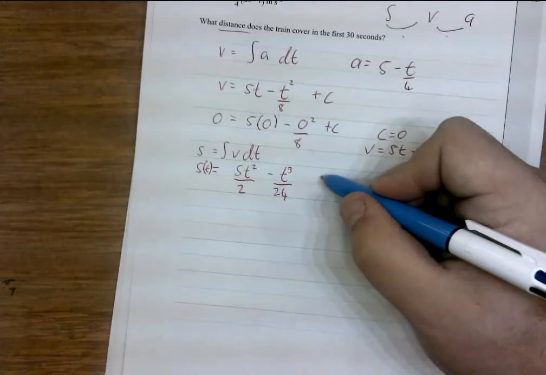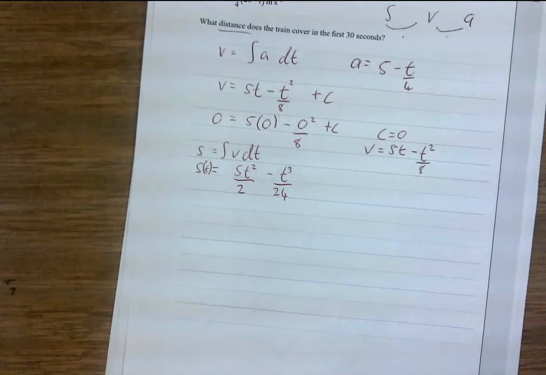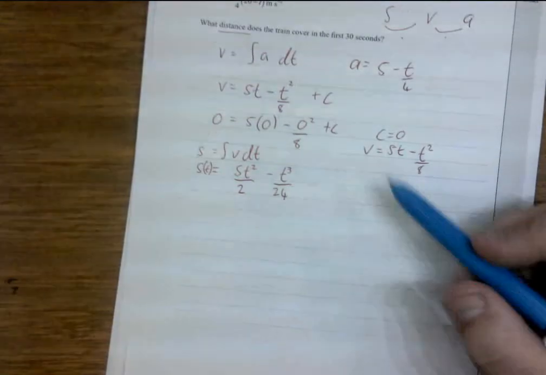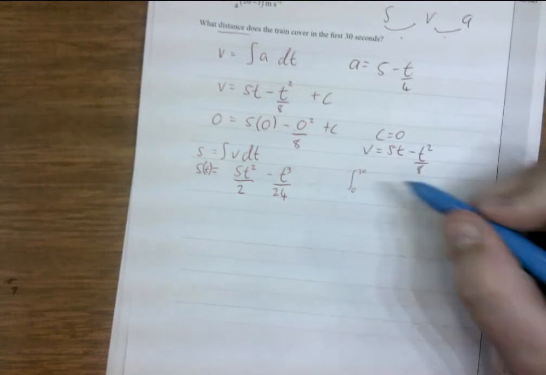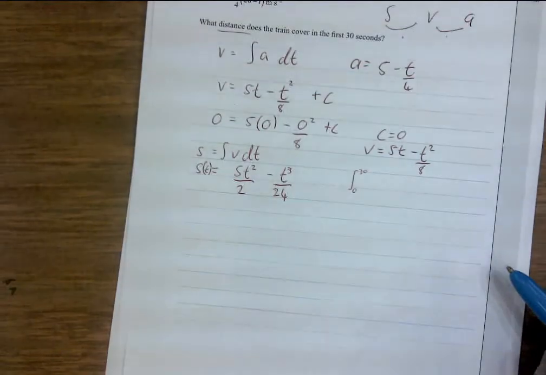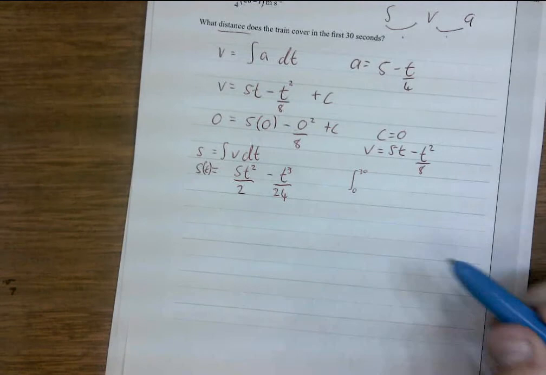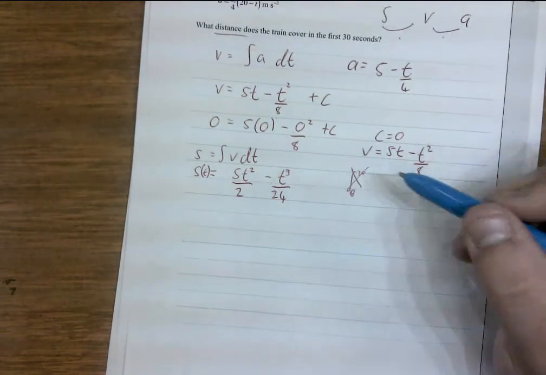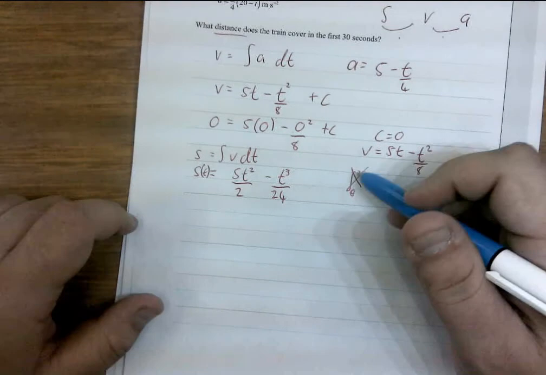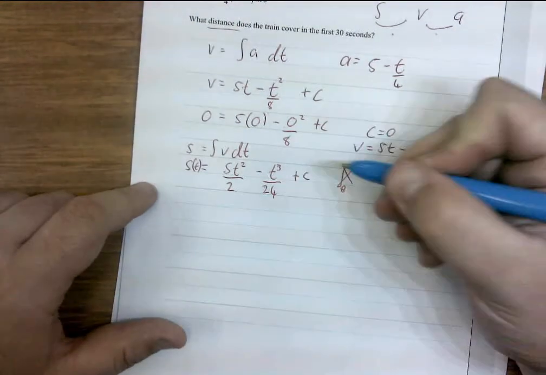Now, strictly speaking, I don't need to worry about the c because I could treat this as a definite integral from 0 to 30, in which case the constant would cancel off. But because I'm dealing with 0 as my starting value, I'm going to just treat this as a normal integral, not a definite integral. I'm going to add in my c.